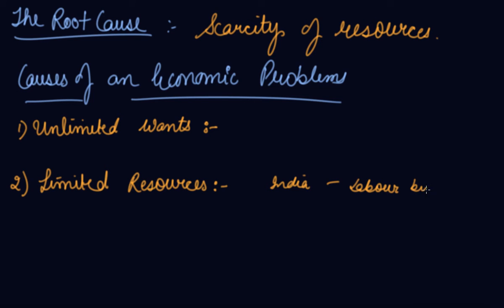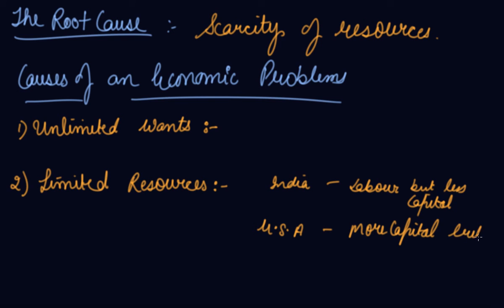But less capital. The money with India is less. If we take the example of USA, USA has more capital. The money with US is more to invest, but less labor. The labor is very less compared to India. So there are limited resources for everything.